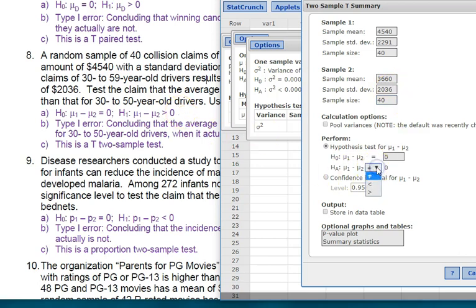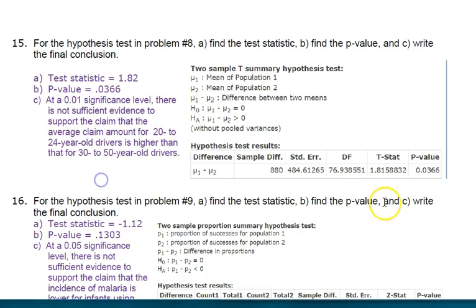And then the only thing we need to change in our hypotheses is the inequality. We get these results. Test statistic is 1.82. Our p-value is 0.0366. This time there was a 0.01 significance level.